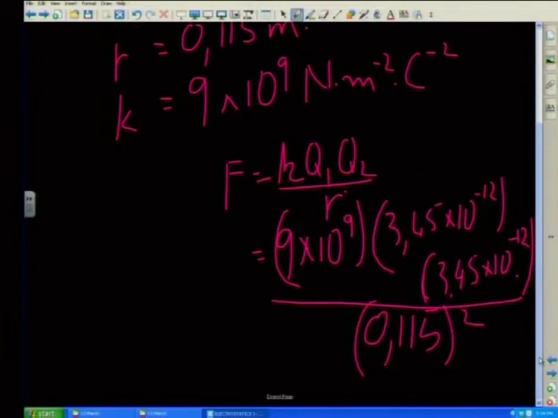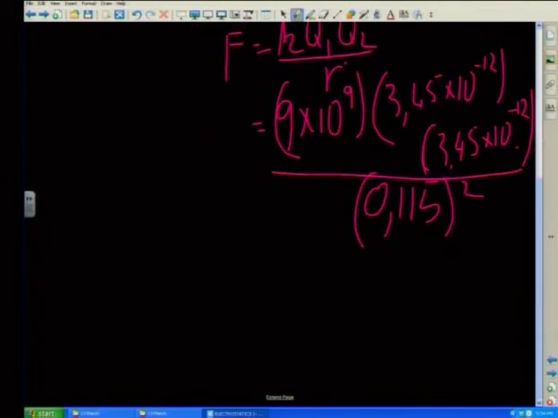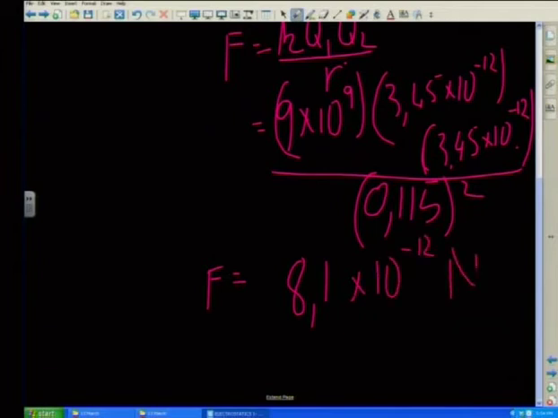There we now have our mathematics, and all we have to do now is plug that into the calculator, and we end up with an answer of 8,1 times 10 to the minus 12 newtons.